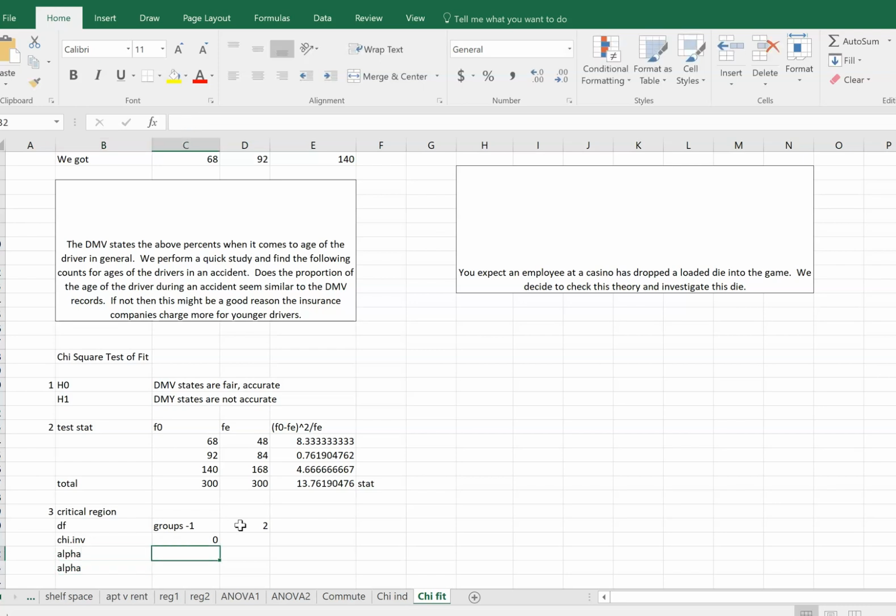If your alpha is 5%, your level of significance is 5%, then the area under the chi-squared critical value would be 1 minus that number. And what that means is, again, think about your shape, your chi-squared distribution, heavily skewed to the right. We have one bar in that picture.